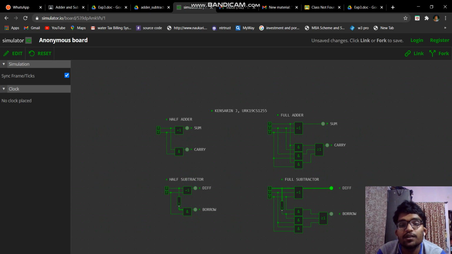First let us give 1 here. 1 minus 0 would be 1, and 1 minus 0 would be 1. So the difference is high, and we didn't get any borrow. If you have 1 1 and 1, then we can see both the outputs are high, because 1 minus 1 would be 0, 0 minus 1 would be 1 in binary, so the difference is 1, and the borrow we have also got as 1.